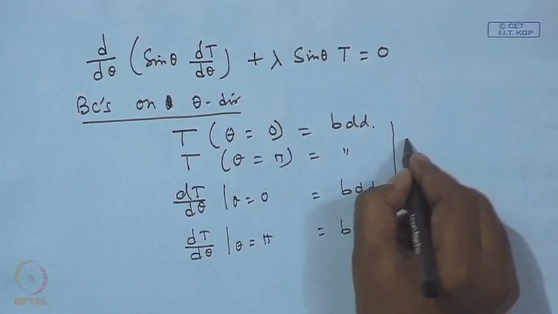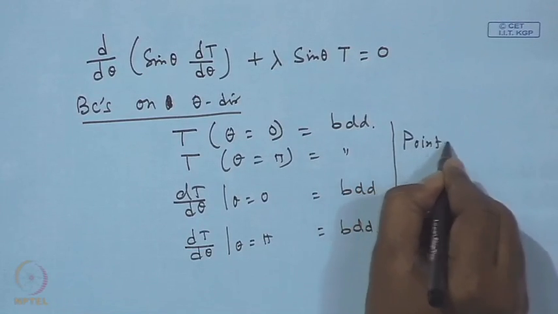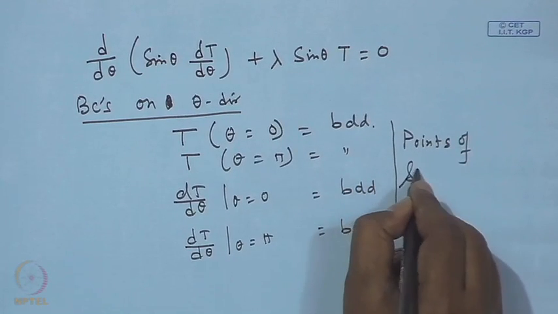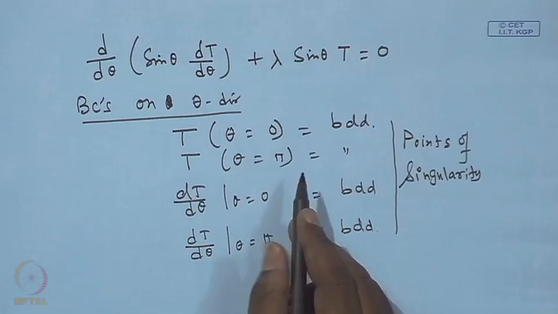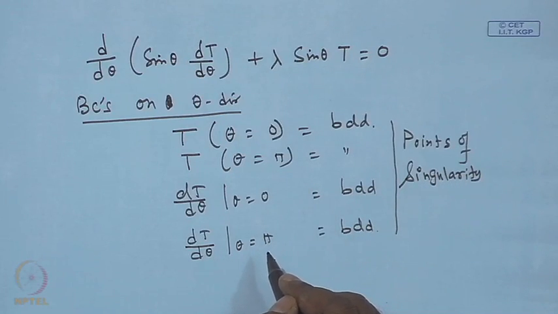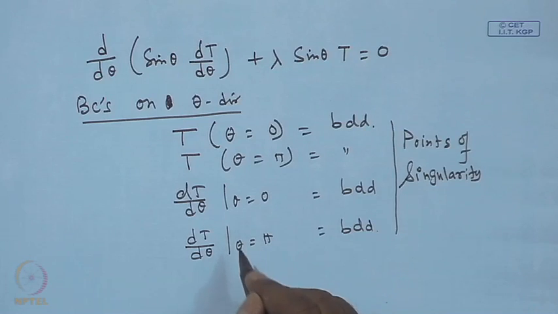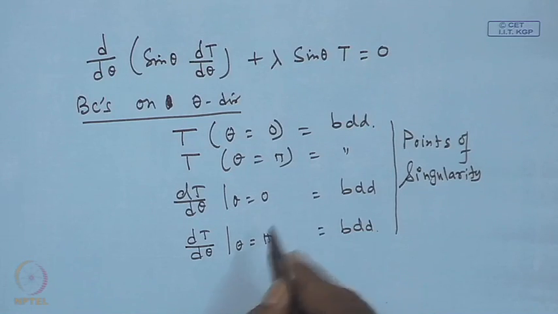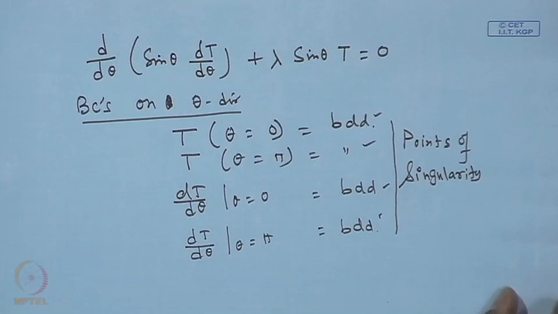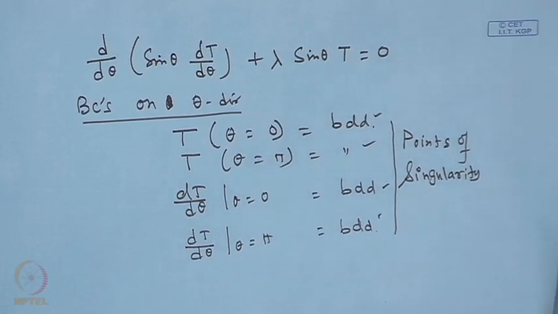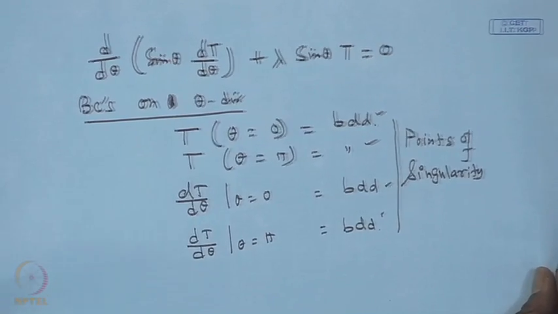These are the points of singularity. Since the solution exists at those points, we will be having a finite value there, and we impose that the solution becomes bounded at those points. Therefore, these are perfect examples of physical boundary conditions that we talked about earlier.